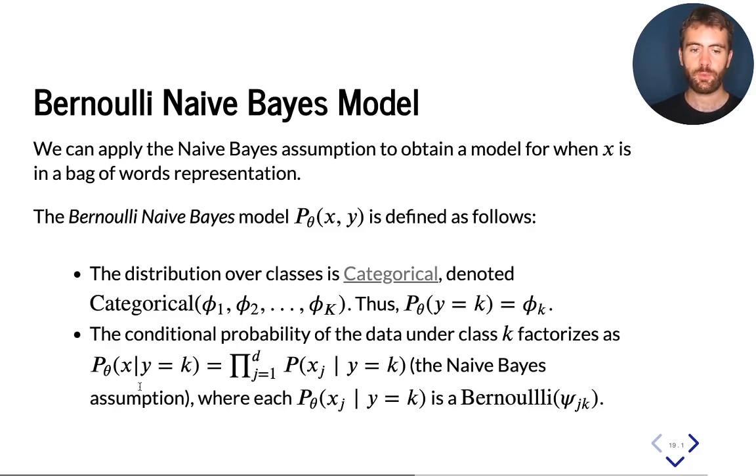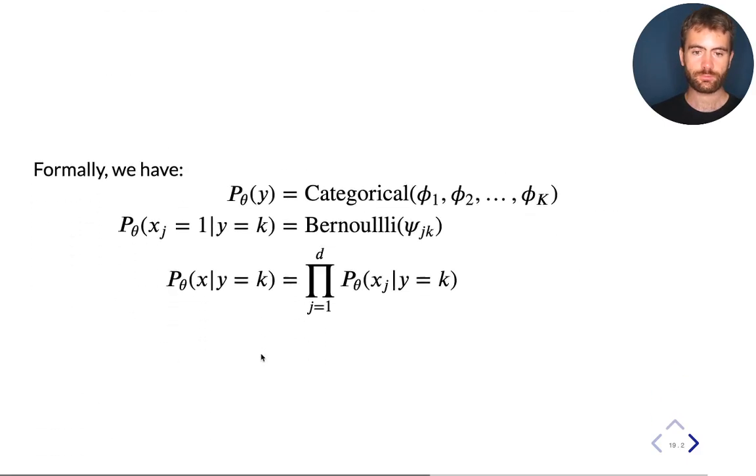So here, the probability of seeing a sequence of words where we have 0, 1, 0, 1 is the probability of seeing 0 given the class times the probability of seeing 1 given the class, etc. So this is the functional form of our model.